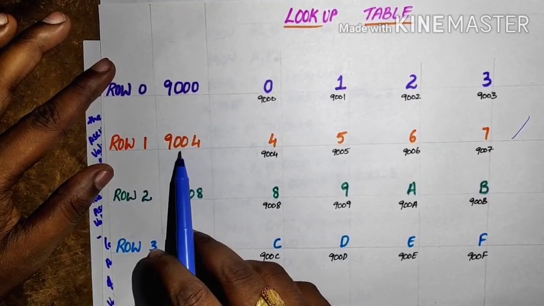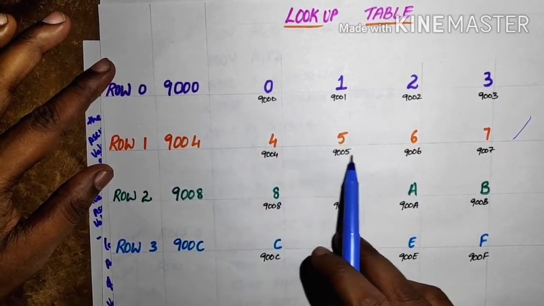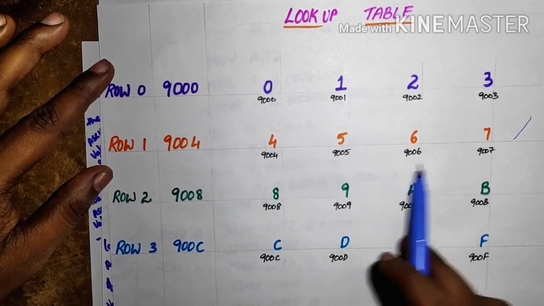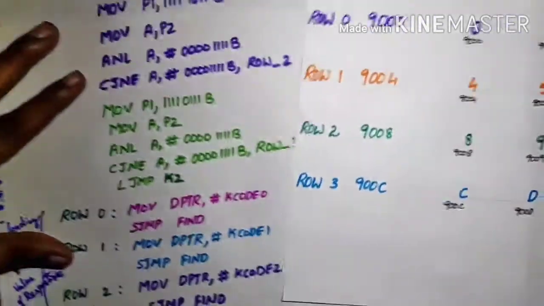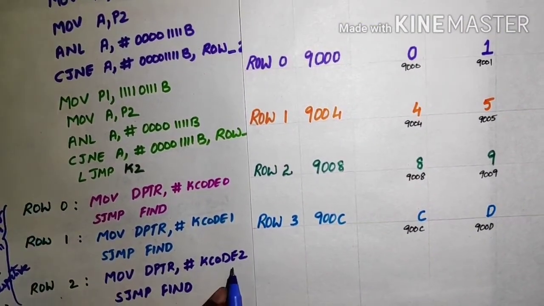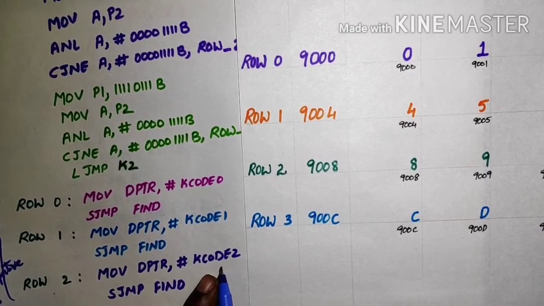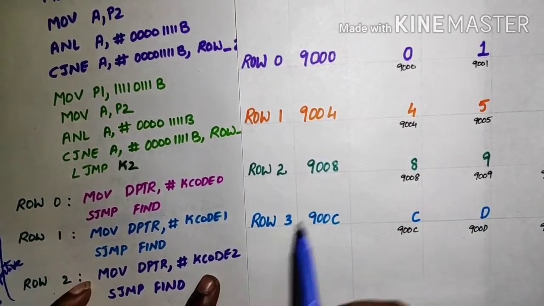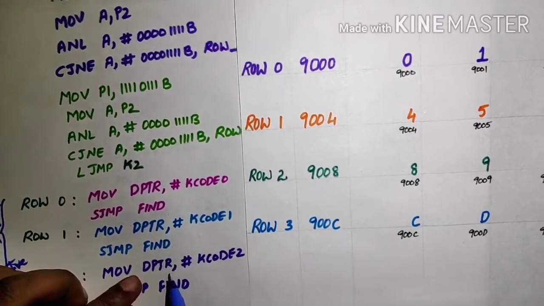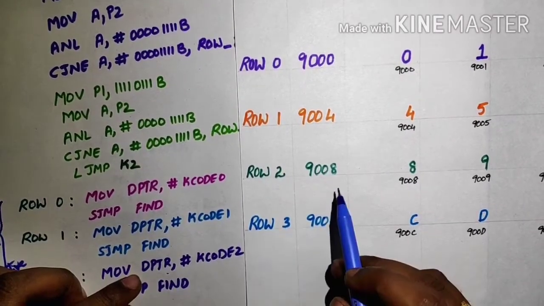Each ASCII value of a character is stored in its respective address. So we are moving DPTR, the data pointer, to here. This code is nothing but row 2, 9008; we are moving the 9008 value to the data pointer.